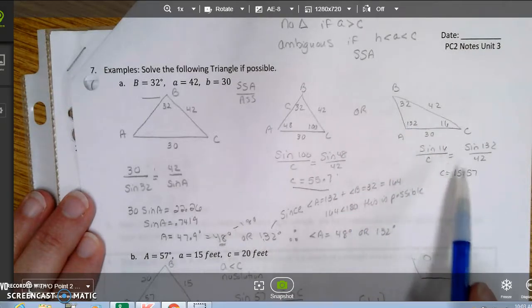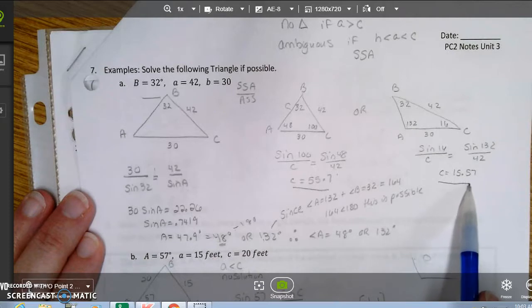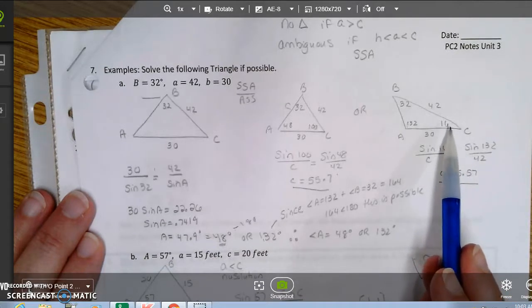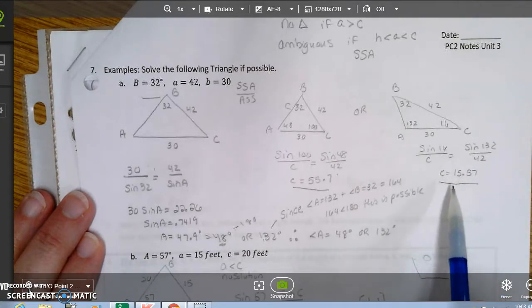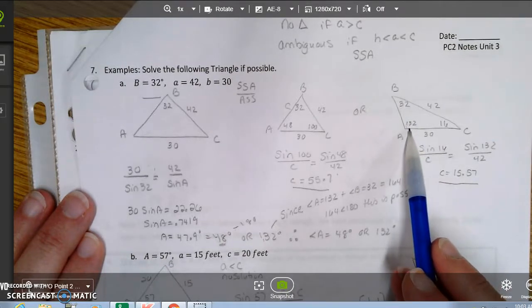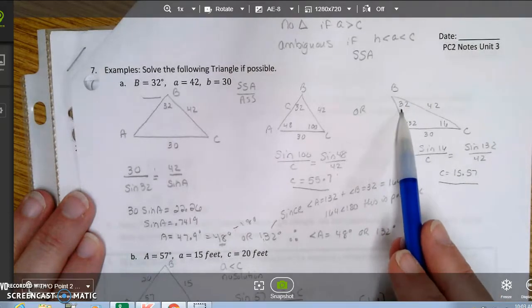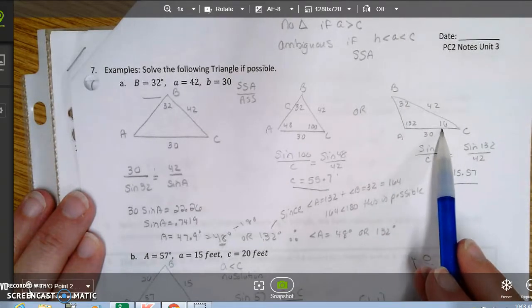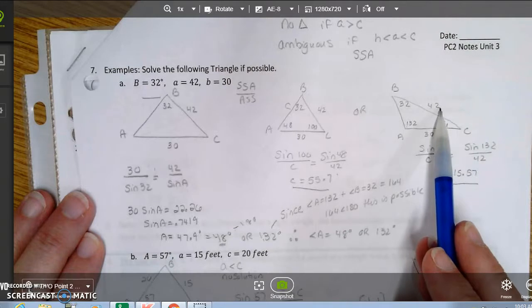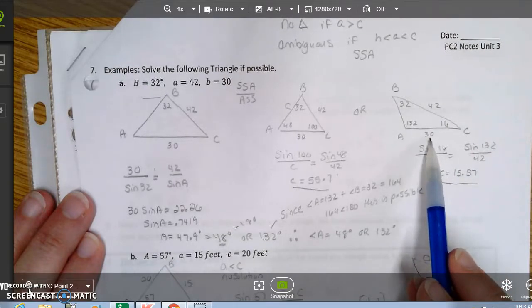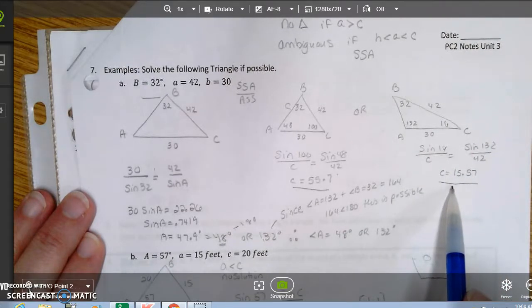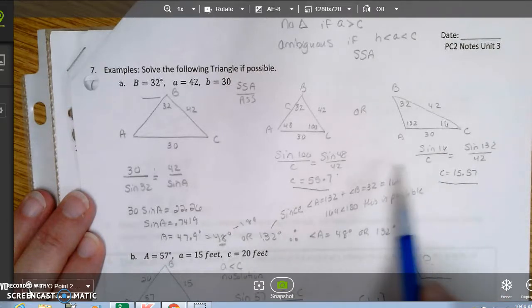So now I have to also solve for side C using the 16 degrees, and I get a different value for side C. So angle A is 132, angle B is 32, angle C is 16, side A is 42, side B is 30, and side C is 15.57. So I ended up with two solutions to this problem.